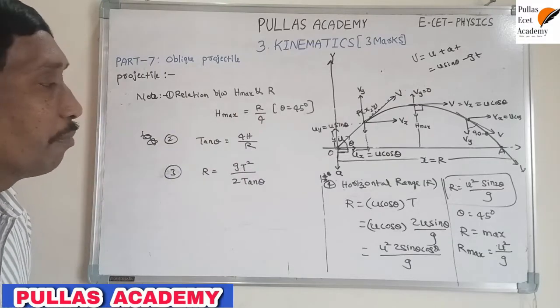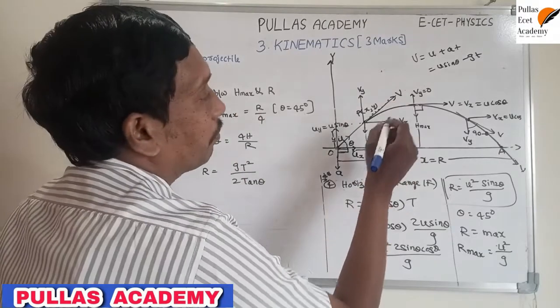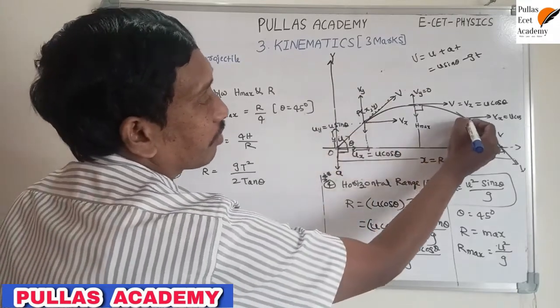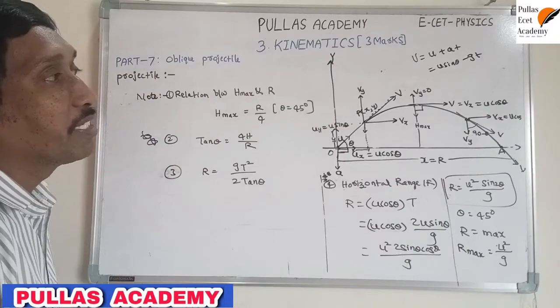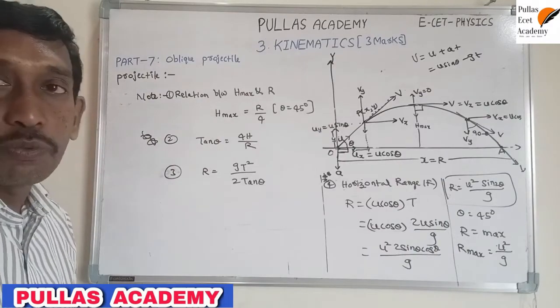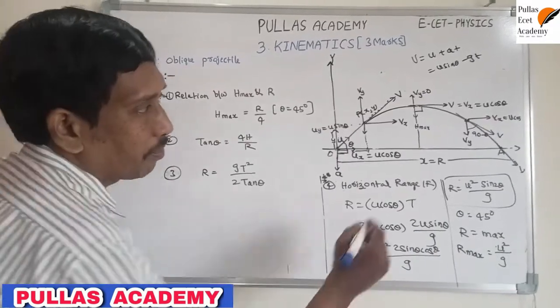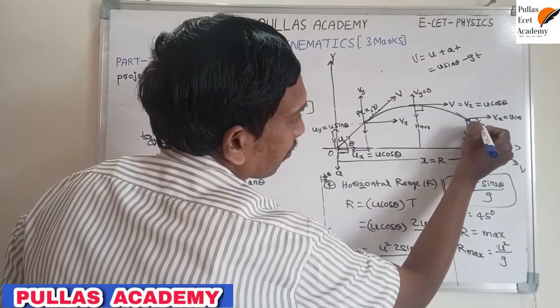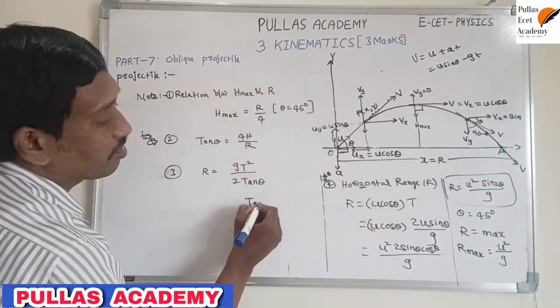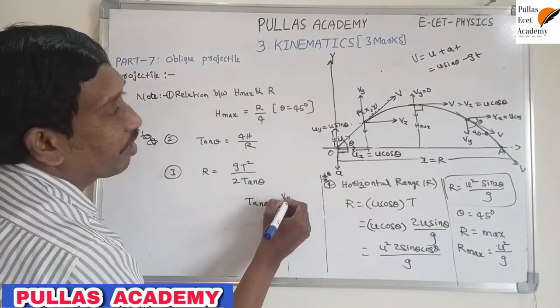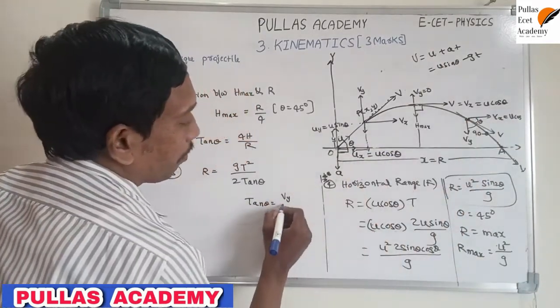And one more point, sometimes they ask for the relation between any two parameters. For example, here the velocity makes angle theta with the horizontal, and at that point if you want the relation, tan theta is equal to Vy by Vx.